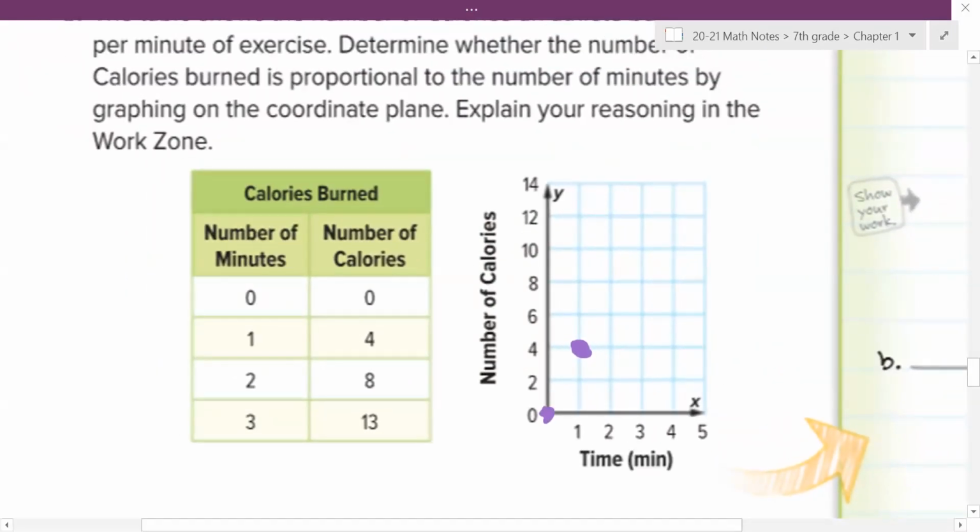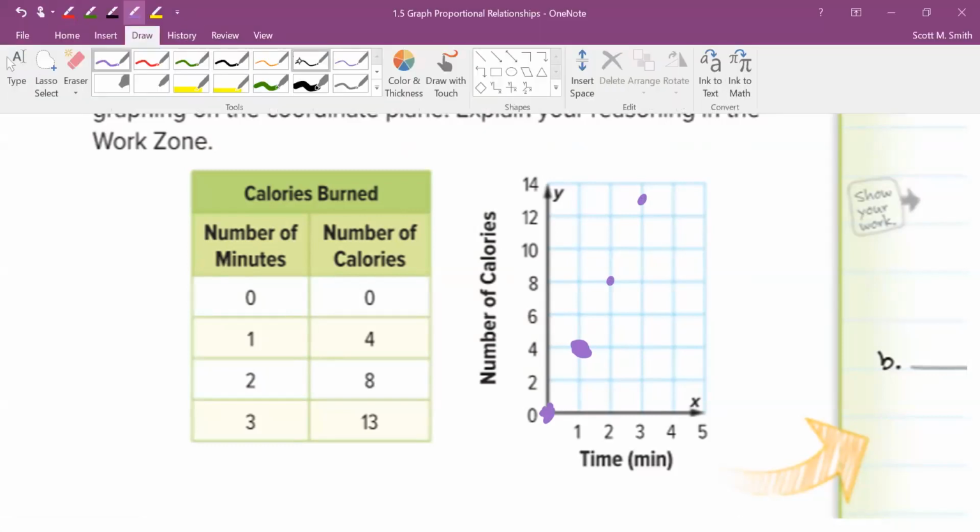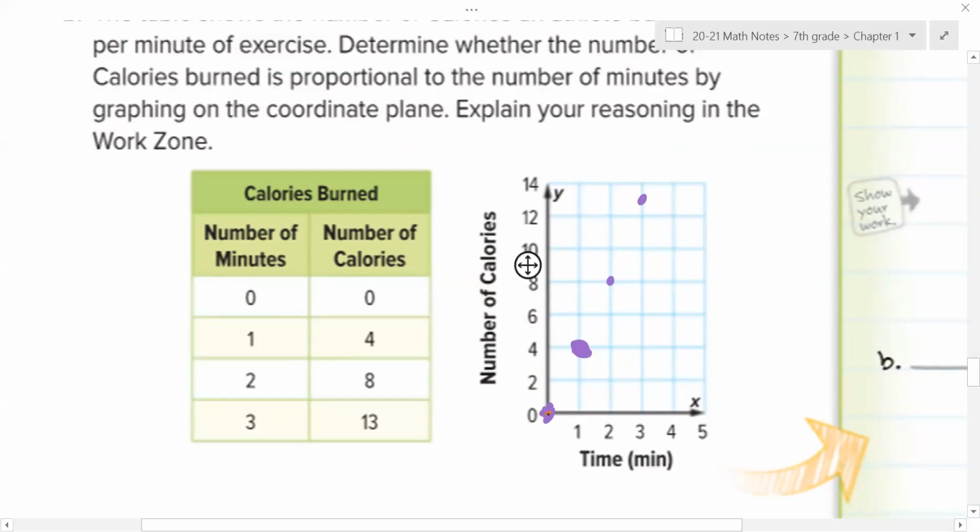All right, so now after 2 minutes, the number of calories burned is 8. Then after 3 minutes, the number of calories is 13. So if I were to draw a straight line through those, notice how this is not going to be pretty, but I'll explain in a second. If you were to draw a line on your textbook, you would see that last dot doesn't quite line up.